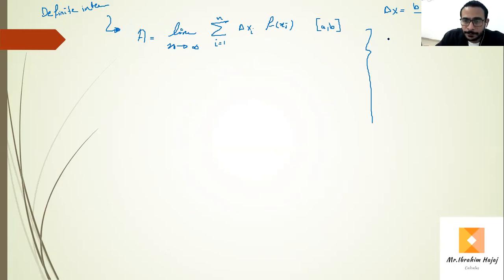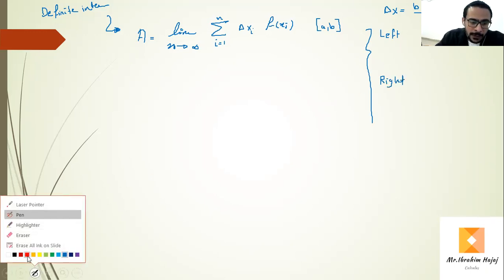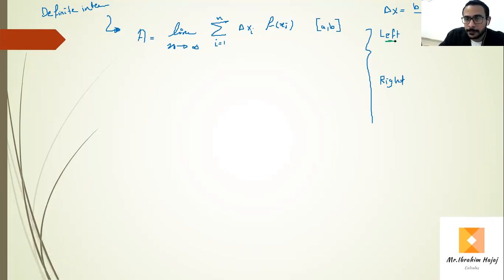Number two, how to find the xi when it's right and when it's left. When it's left, the xi is equal to a, plus delta x multiplied by i minus 1.